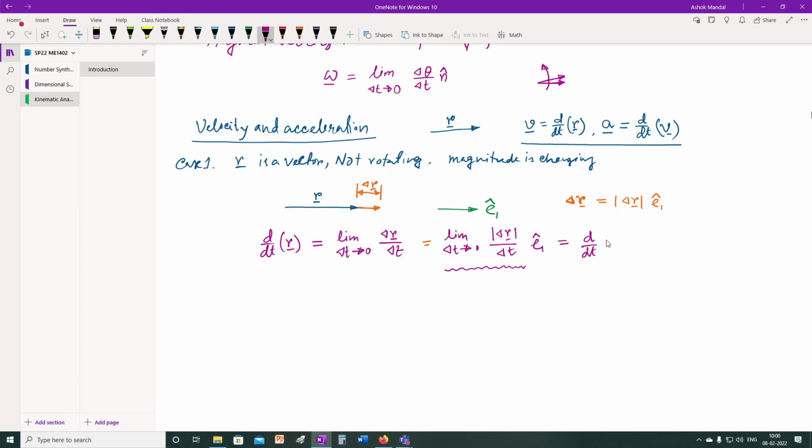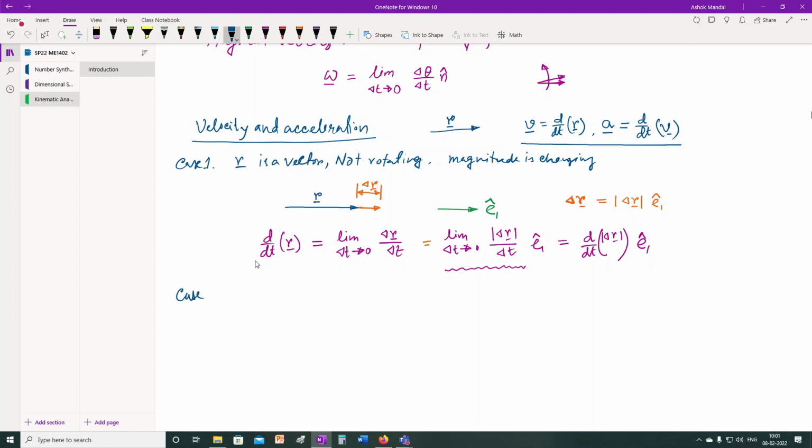This is the differentiation of the magnitude of R. For a vector which is not rotating but changing its magnitude, the differentiation is the rate of change in magnitude, and it is in the direction E1.